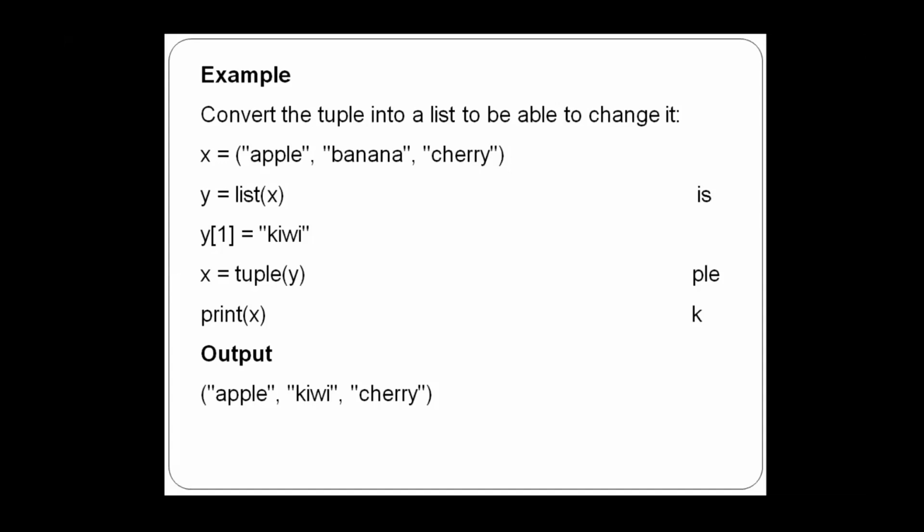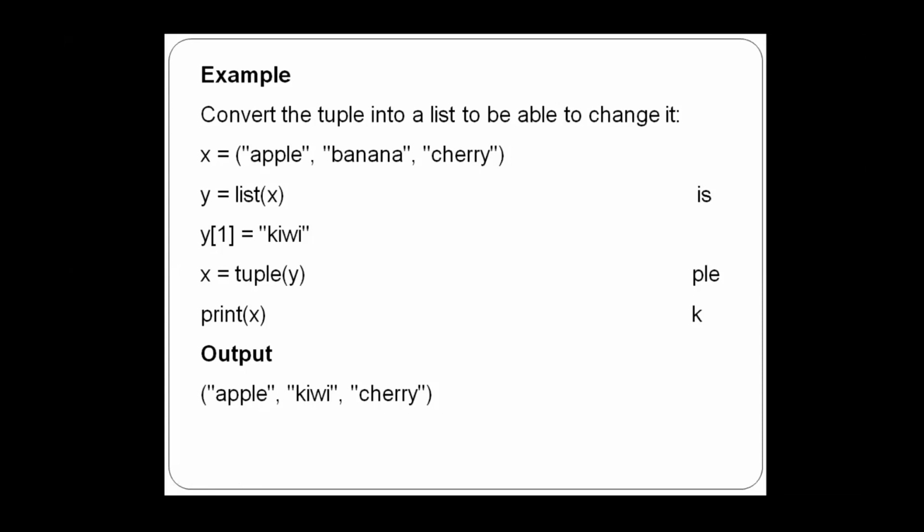Now when I say y of 1 is equal to kiwi, banana will be changed to kiwi. So now I have made the changes in the list. Then the list is converted back to a tuple. So first you create a tuple, change the tuple to a list, do your modifications, convert it back to a tuple and display the result.